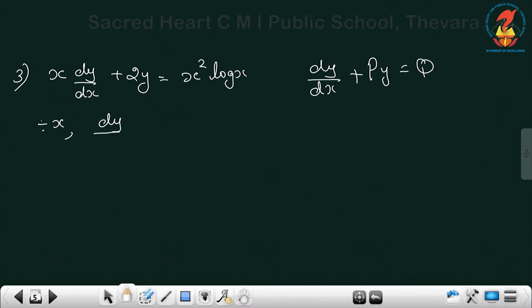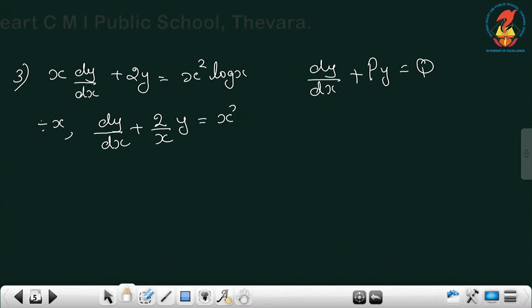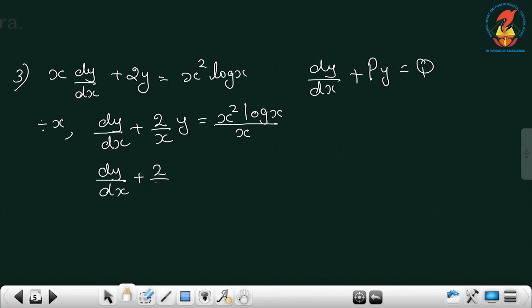So the equation becomes dy by dx plus 2 by x y is equal to x square log x by x. So dy by dx plus 2 by x y is equal to x log x. So P is 2 by x and Q is x log x.